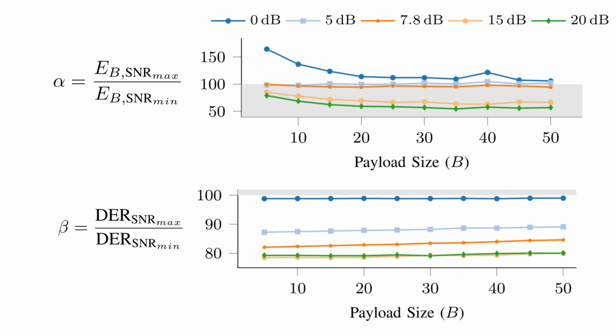Alpha denotes the ratio of the consumed energy per byte when using SNR max to the energy when using SNR min, percentage-wise. The gray area indicates where the default SNR max is better, and the same analogy can be followed with the data extraction rate with beta.